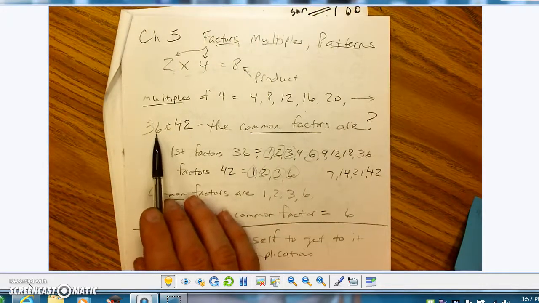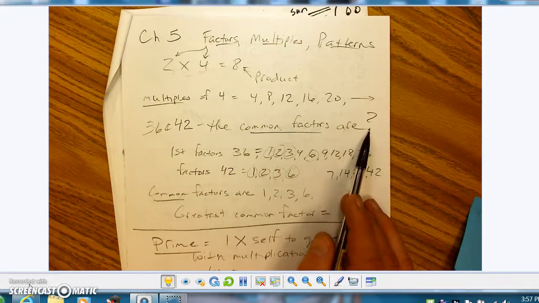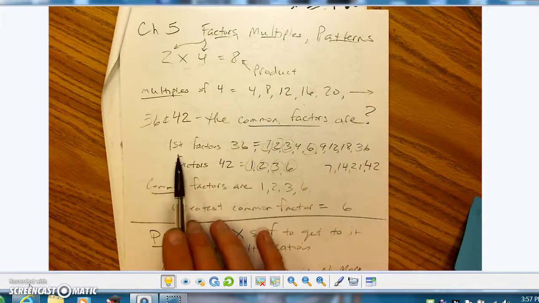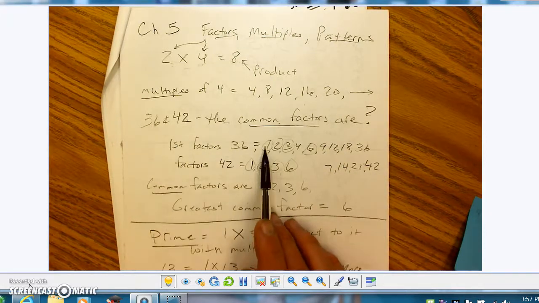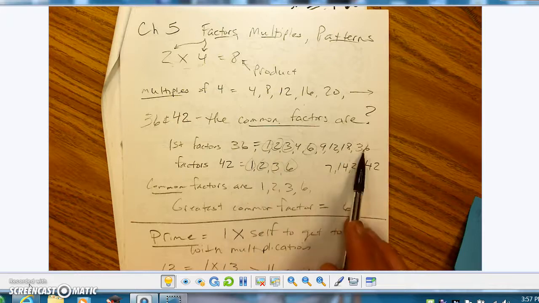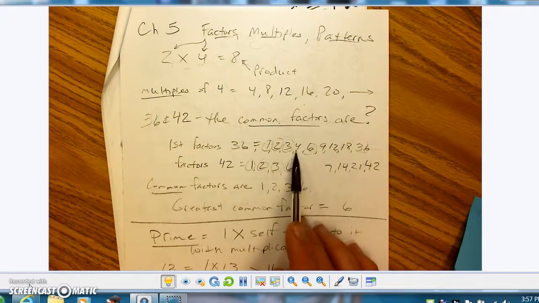Okay, so let's say there's 36 and 42. The common factors are what? First I do the factors of 36. There are all of your division rules and multiplication rules that we've gone over, but let's just do it real simple. 1 and 36, 2 and 18, 3 times 12, 4 times 9, and then 6 times 6.